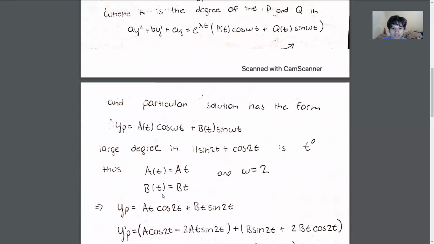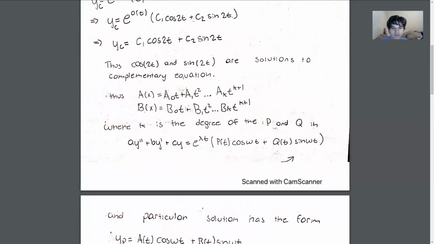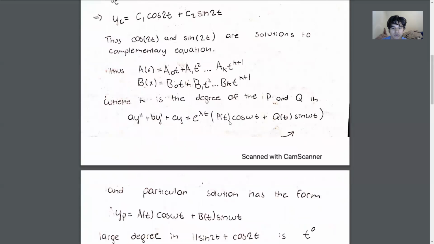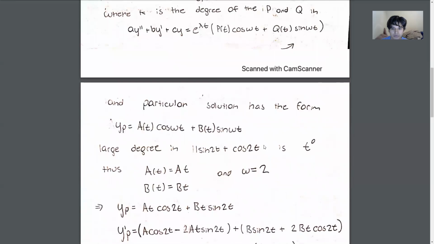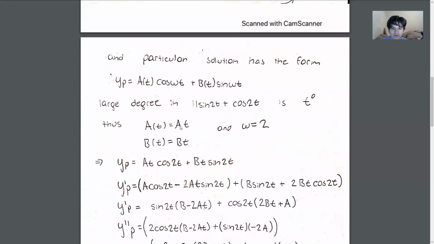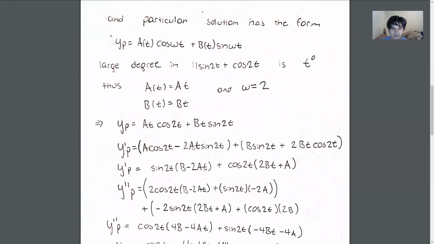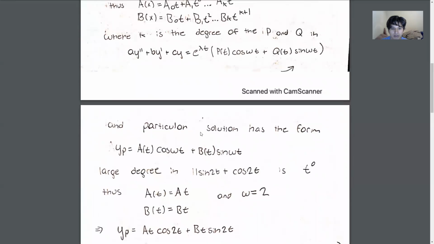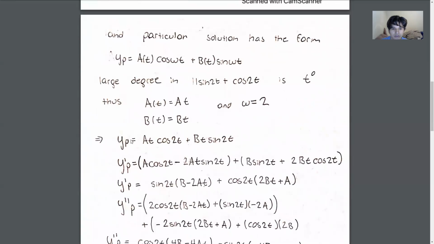Thus, a of t and b of t are going to be given by this expression, which is just the largest degree plus 1. The largest degree in this expression is t to the power of 0. We're going to add 1 to that. So we're going to get that a of t is equal to at, and b of t is equal to bt.